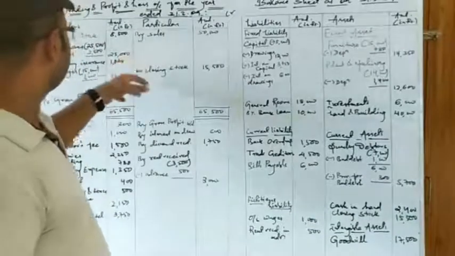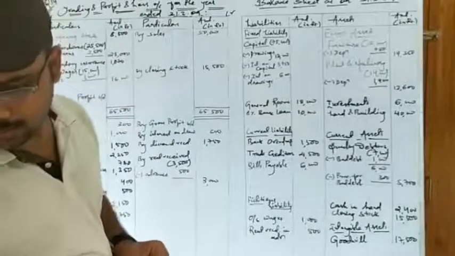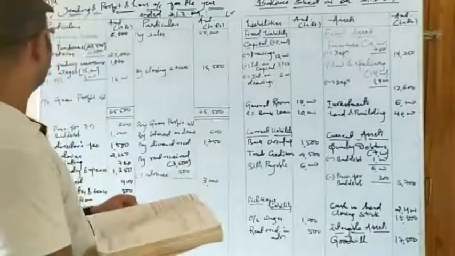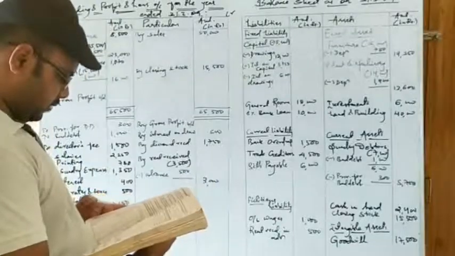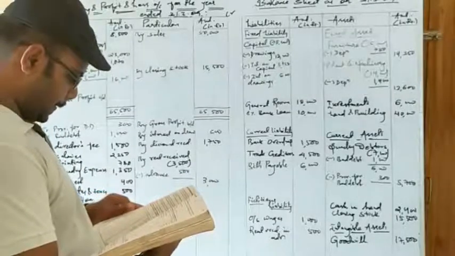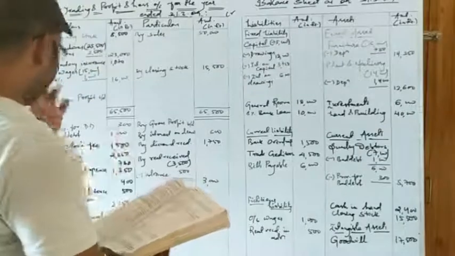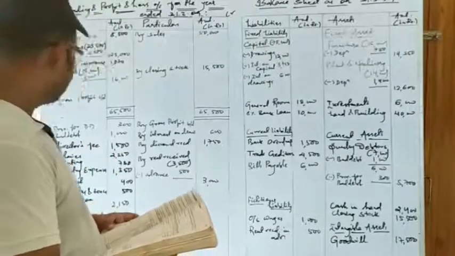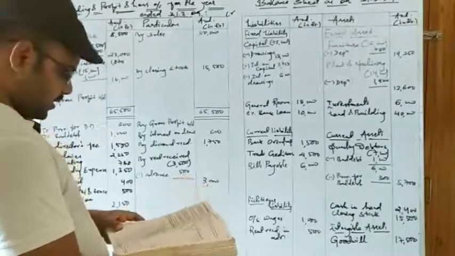Yes, wages is 16,000. Opening stock is 8,500. Then we have factory insurance 1,070. Then we have wages 16,000.